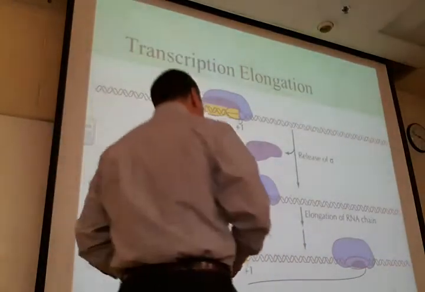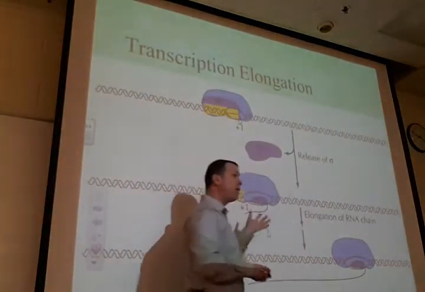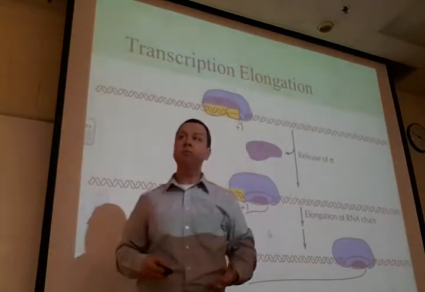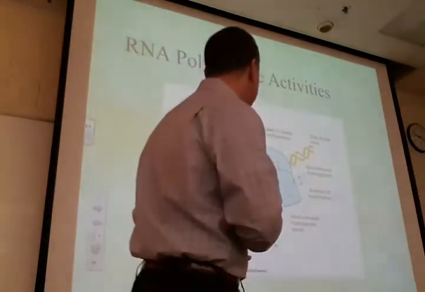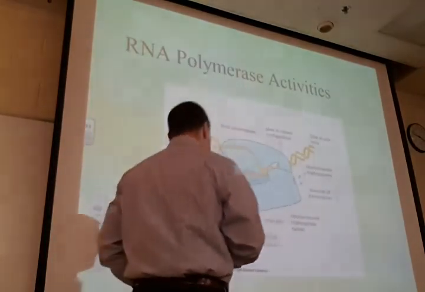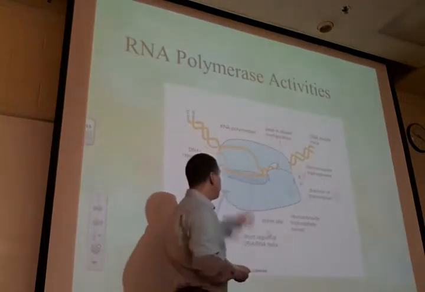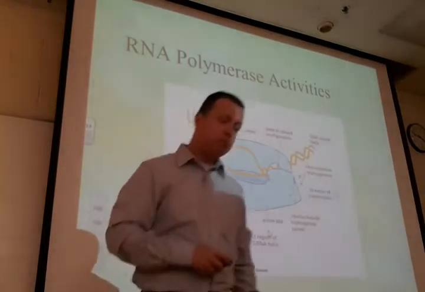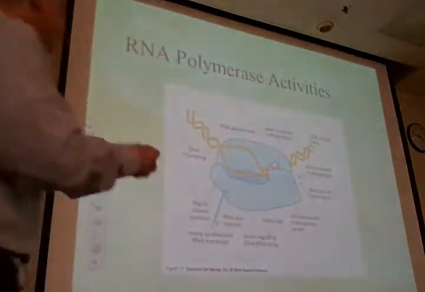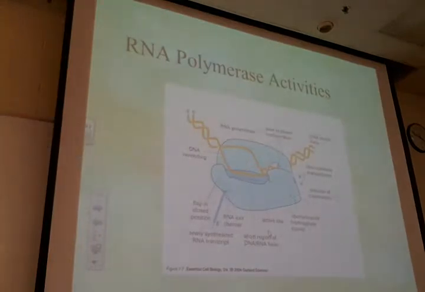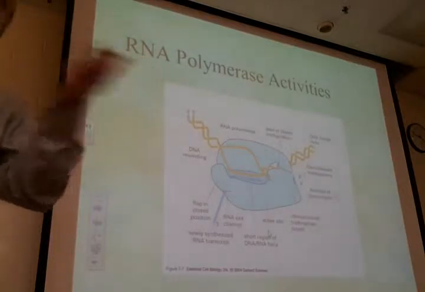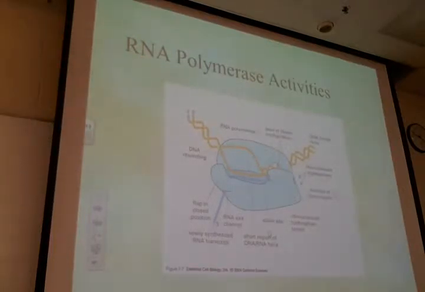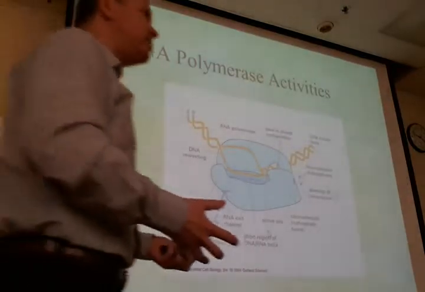But the actual process itself is remarkably similar to what we see happening in DNA replication. And this is just showing you some more details about the enzyme itself. And remember we had talked about last Friday, unlike DNA polymerase that needs all these other proteins and all this extra help, RNA polymerase pretty much does the whole job by itself. Right?